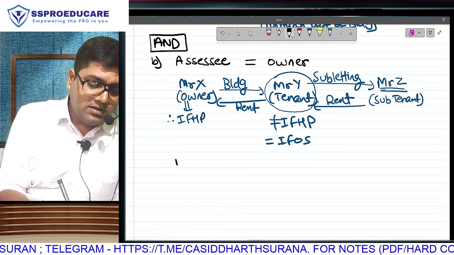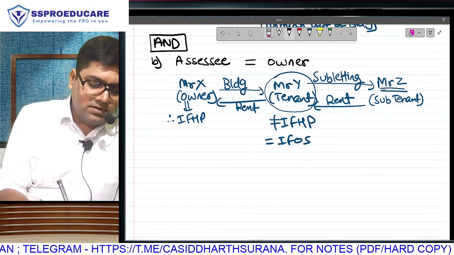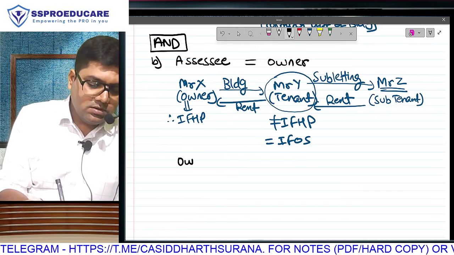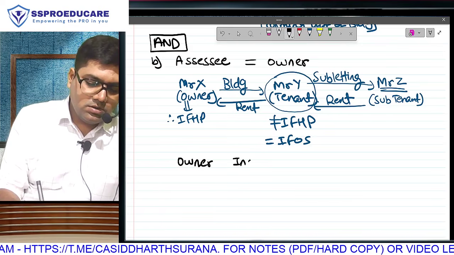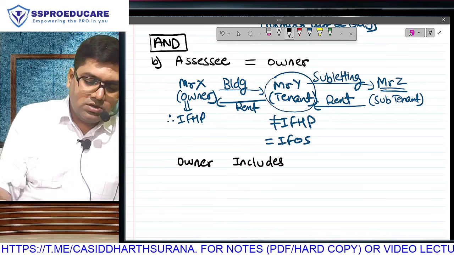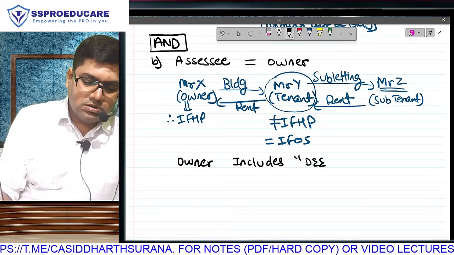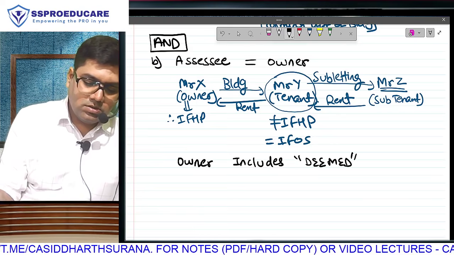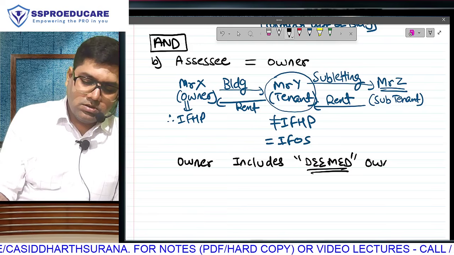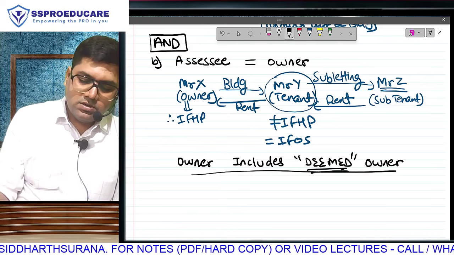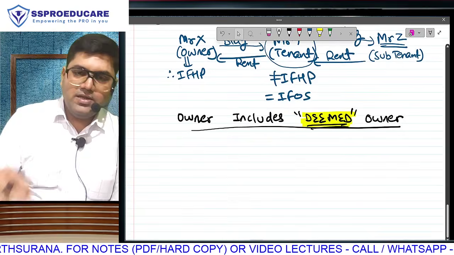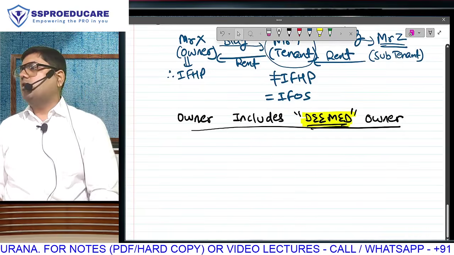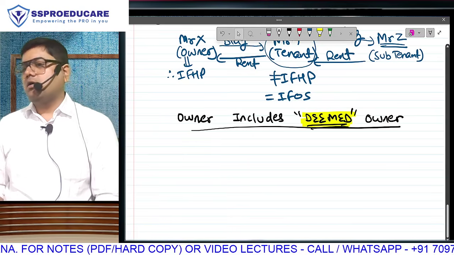Now they say the word owner here will include something called a deemed owner. Owner ke definition mein we will include someone called a deemed owner.